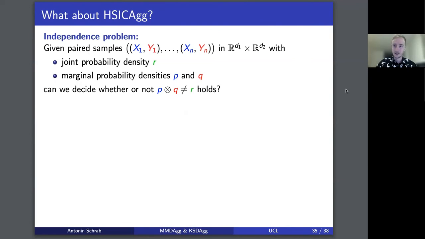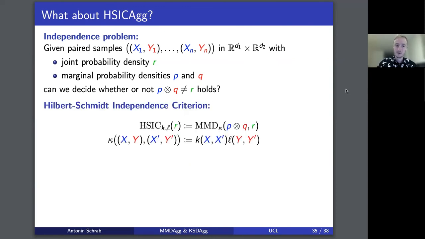Essentially, given some paired samples, is the first component independent from the second component?